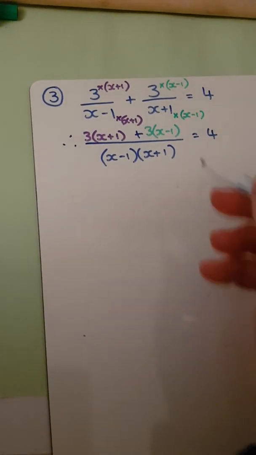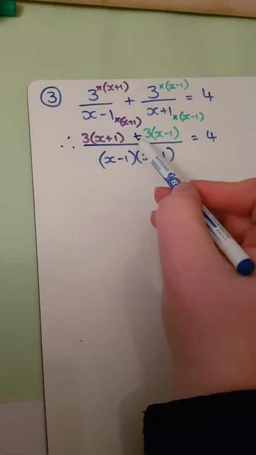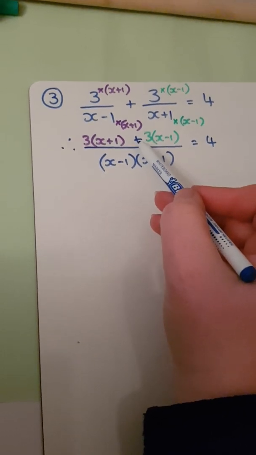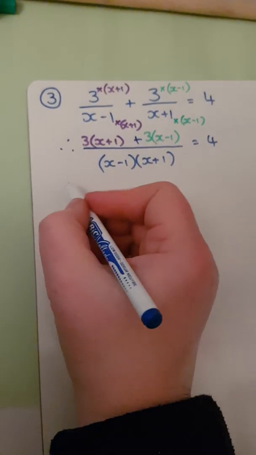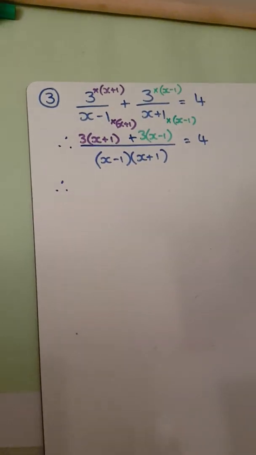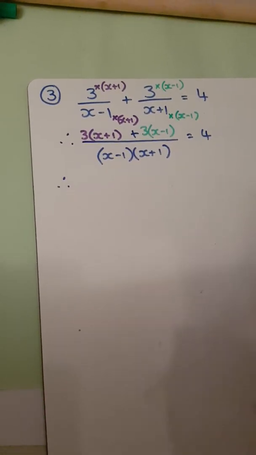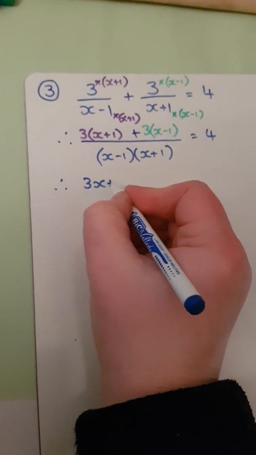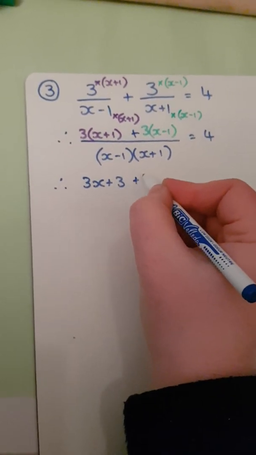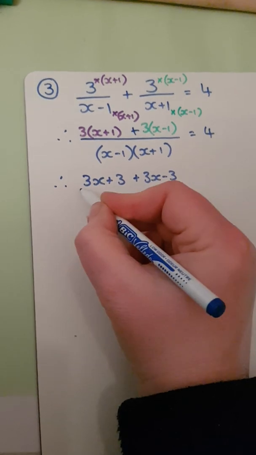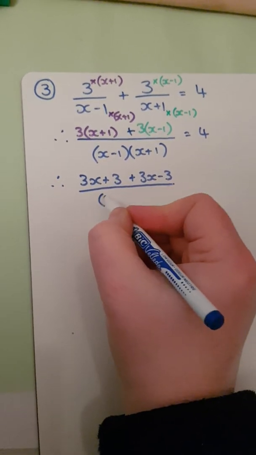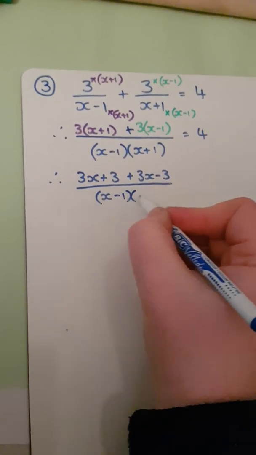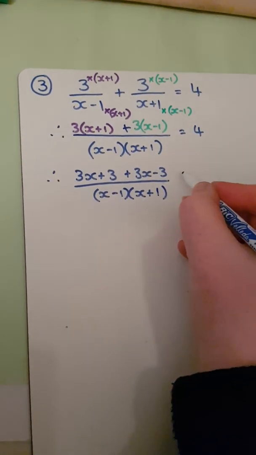When I expand the brackets, at this point you have to be very careful if you've got a negative sign there, same as you did when we were subtracting algebraic fractions. You've just got to bring everything that we were doing previously to play when you're doing this one. So we've got 3x plus 3 plus 3x minus 3 over x minus 1, x plus 1 equals 4.